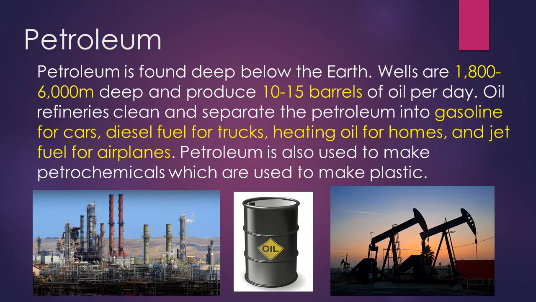It's separating it into gasoline for cars, diesel fuel for trucks, heating oil for homes, and jet fuel for airplanes. In addition, petroleum is also used to make petrochemicals. Petrochemicals are used to make plastic. So that plastic water bottle you buy from 7-Eleven is made essentially from petroleum, petrochemicals.